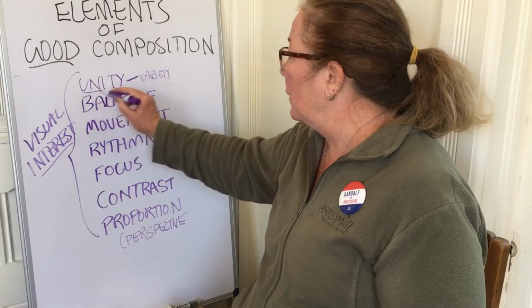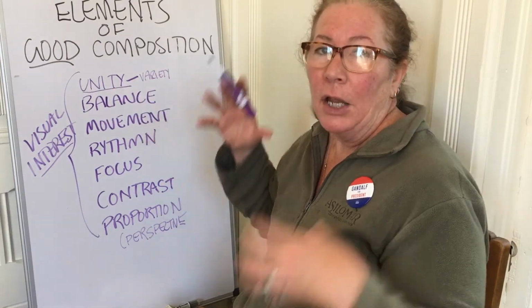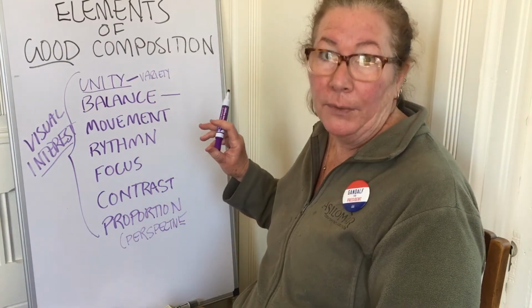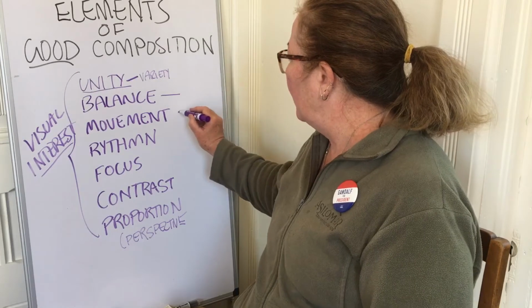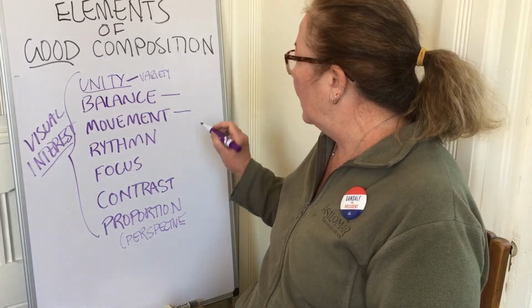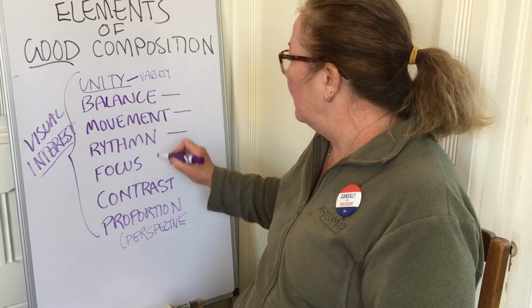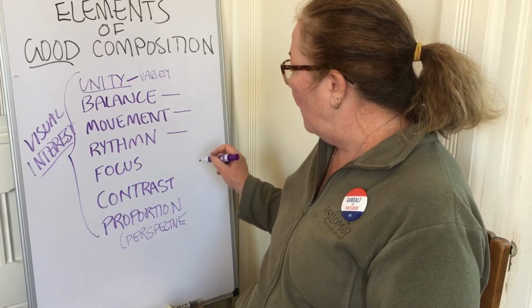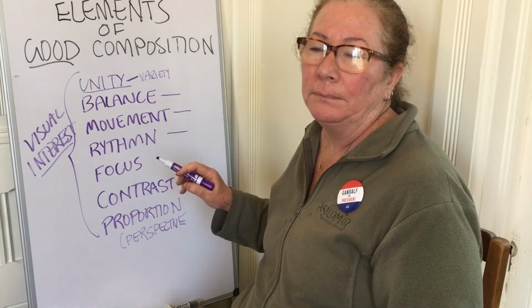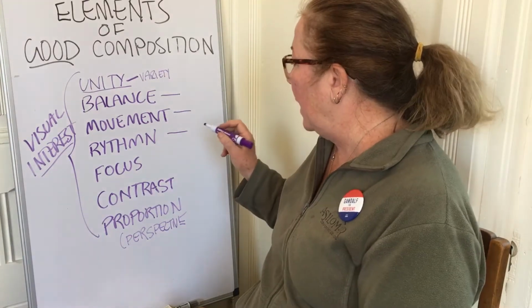So we talked about unity, right? The components that unify your photograph. Balance, asymmetrical, right? We talked about movement, using lines especially as elements. We talked about rhythm. Rhythm is often created when we're using repetition of shapes, right?